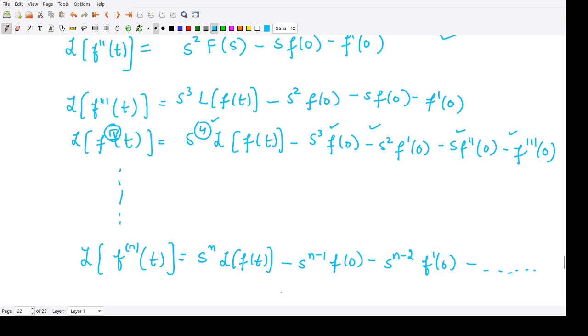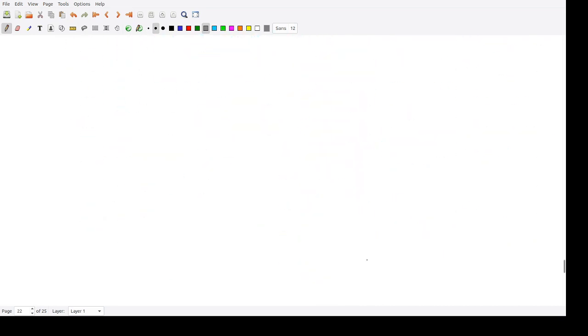The last term would be the n minus 1th derivative of f calculated at 0, because the fourth power leads to the last term being the third derivative of this function calculated at 0, and the nth power leads to the n minus 1th derivative calculated at the point 0, right? So this is the formula that you have.